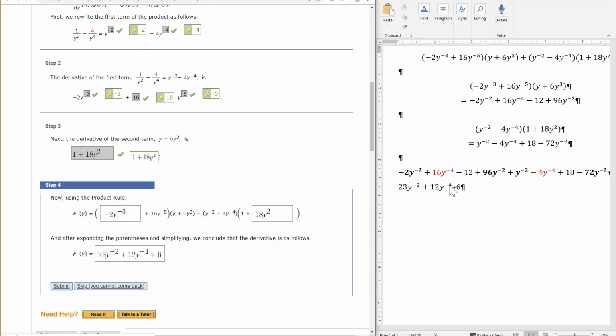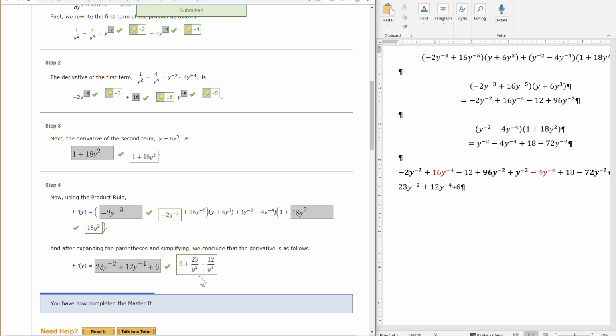Okay, so hopefully we simplified correctly, and if we did, then we would have gotten that whole thing correct. Their answer looks like it got rewritten so that the negative powers came down in the denominator, so I think that's fine. So that's it.